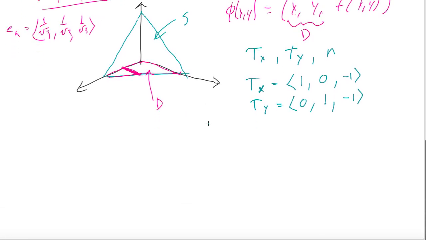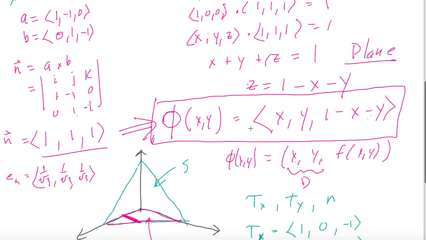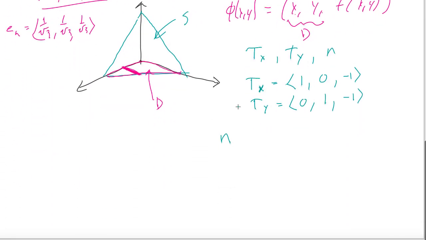And then we have to cross those. To get the real normal, the way this equation works, we have to use this. All right, so we have i, j, k, 1, 0, negative 1, 0, 1, negative 1.